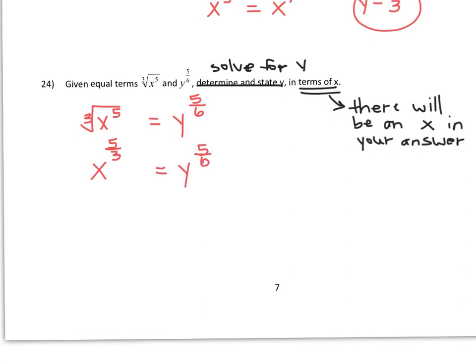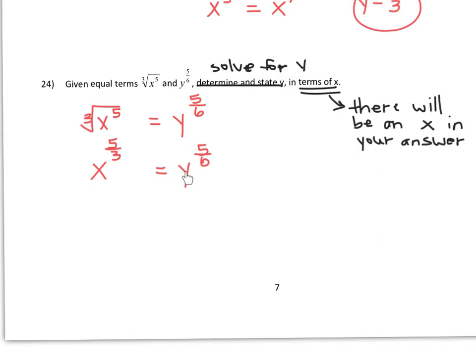Now it wants us to solve for y. So if we want to solve for y, we need this to say y to the 1st power, not y to the 5/6 power. So we need to get this 5/6 off of here. Now let's think about it. We know if we were to raise a power to another power, we multiply those powers.